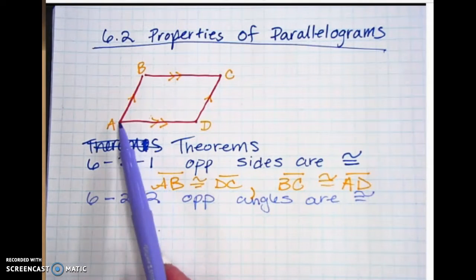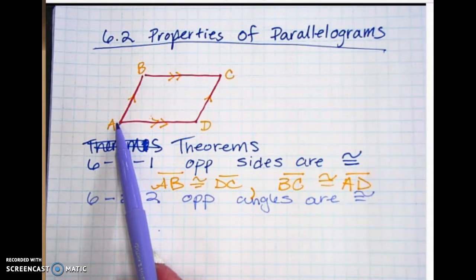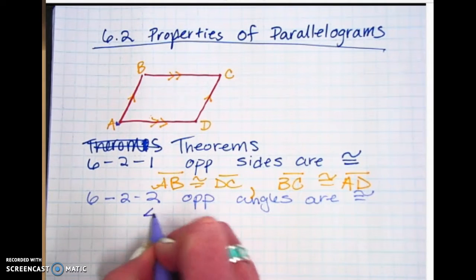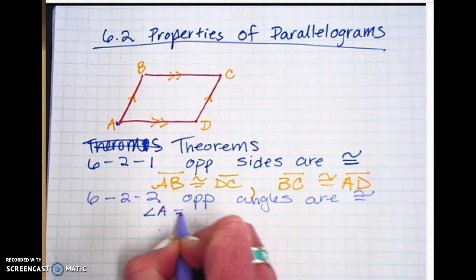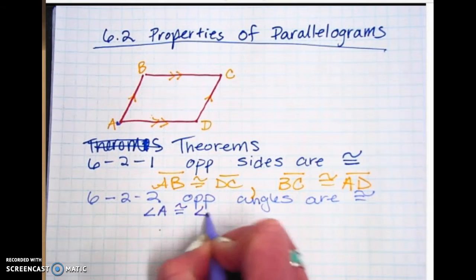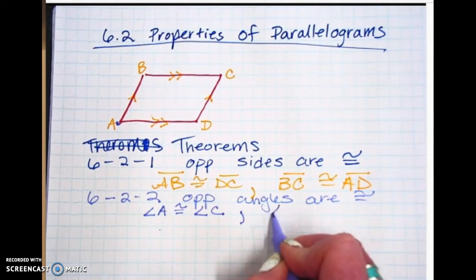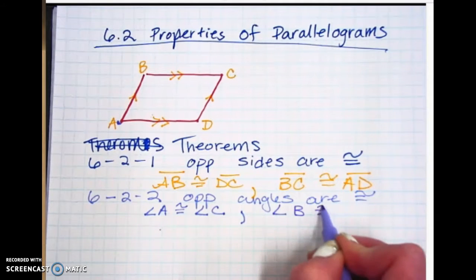So let's start with A. It's going to be congruent to which one? Which one's opposite it? C. So you're going to say angle A is congruent to angle C. Then put a comma. Then the other 2 that are left are B and D.